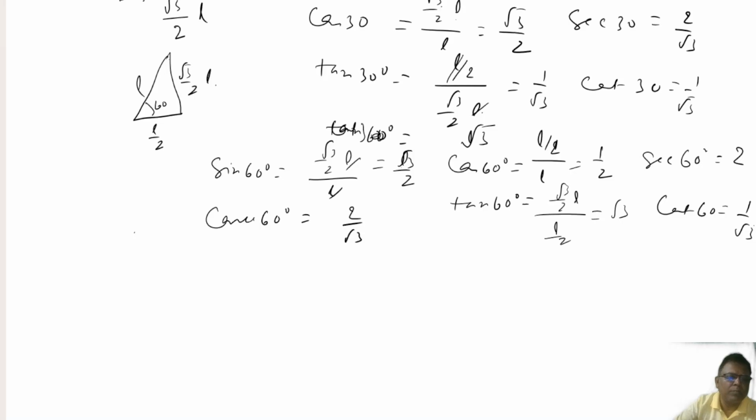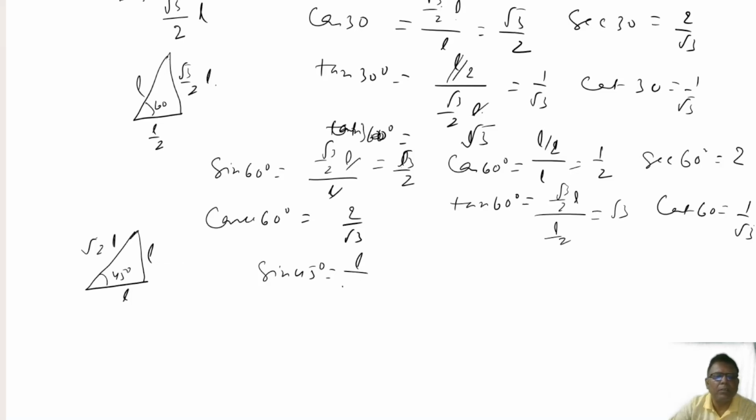Now come to 45 degree. So for 45 degree, what we have seen, let's suppose this one is L, this one is L, and this is root 2 L. So this is 45 degree. Then sin 45 degree is equal to L by root 2 L, so that will be 1 by root 2.